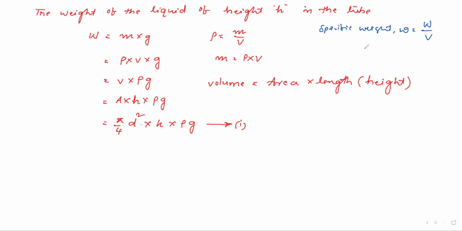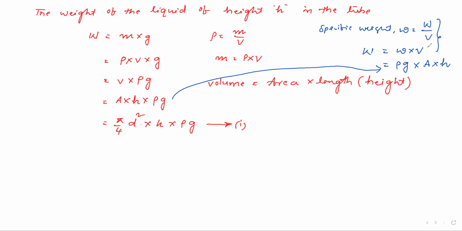Then weight is equal to, from this above equation, specific weight into volume. Specific weight is always density into gravity. The volume is area into length, which is nothing but height here. So we have got the same equation now. So through this also we can develop this equation. Clear?